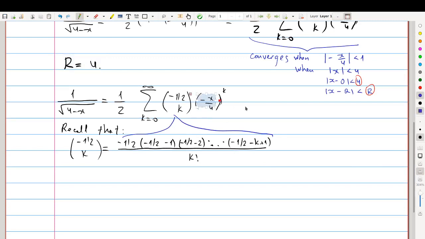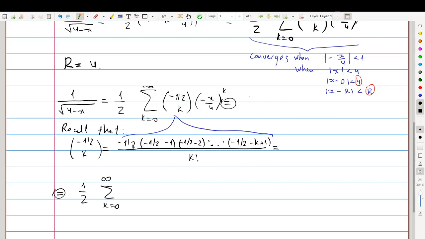We will simplify the power series. So here we have the sum, and let us substitute in what the binomial coefficient will be. But first, let us simplify it a little bit further.